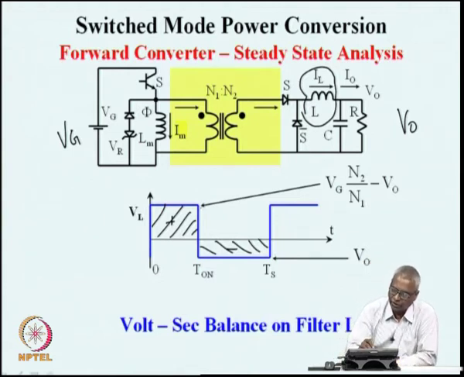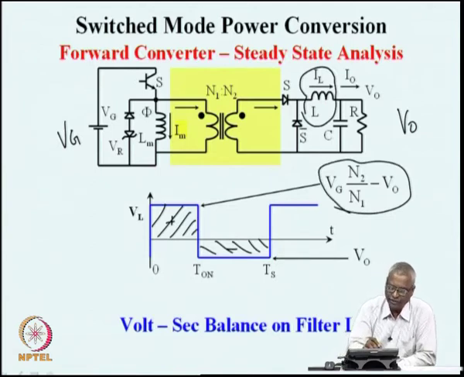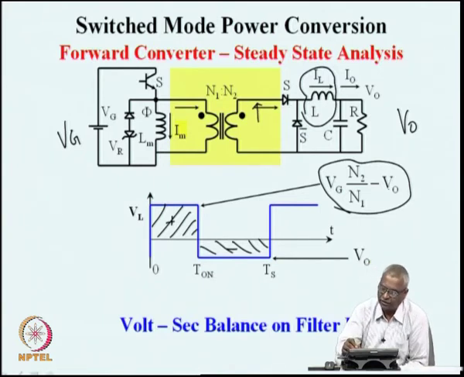In this case, during the on time, the voltage across the inductor is Vg. We consider all the switches to be ideal. Vg into N2 by N1 is the voltage at the secondary point, and that voltage is on the left hand side of the inductor, and V naught is the voltage on the right hand side of the inductor.